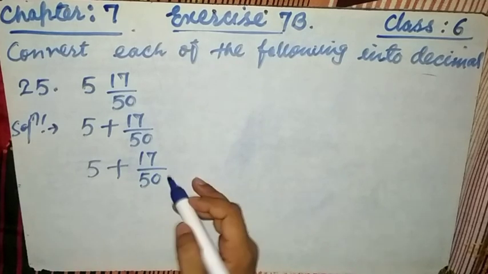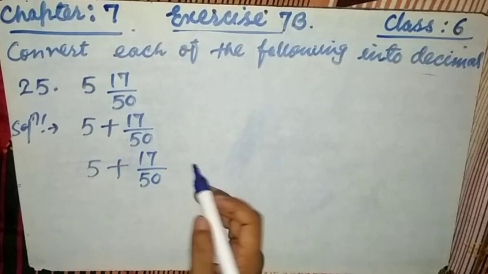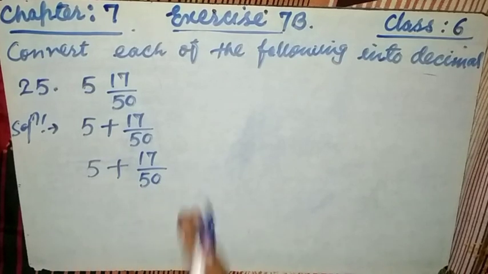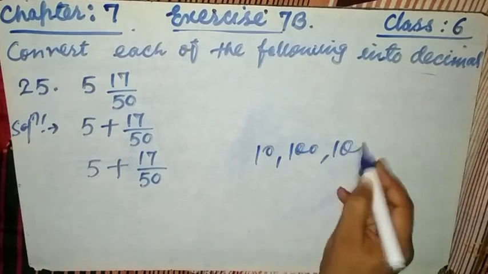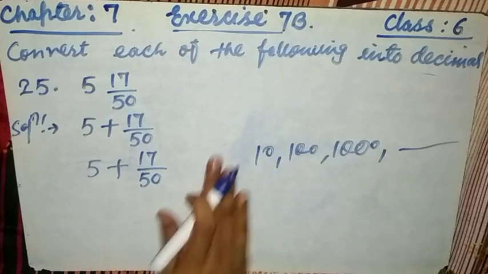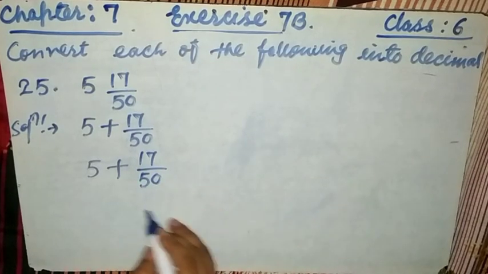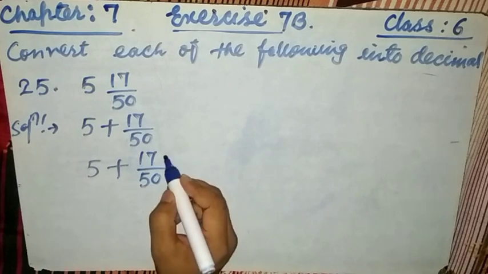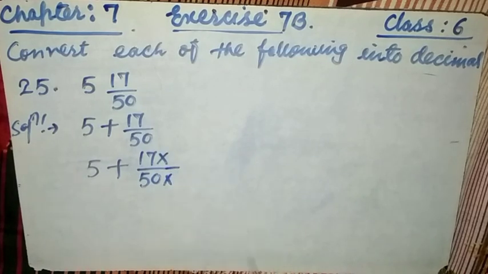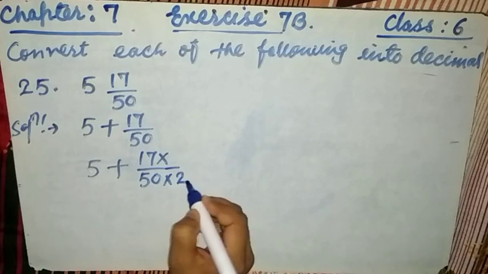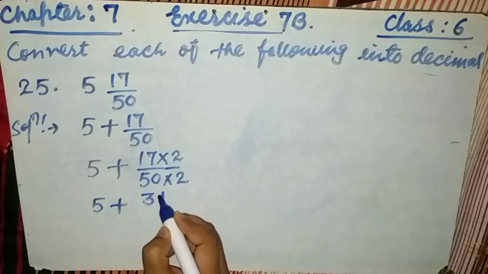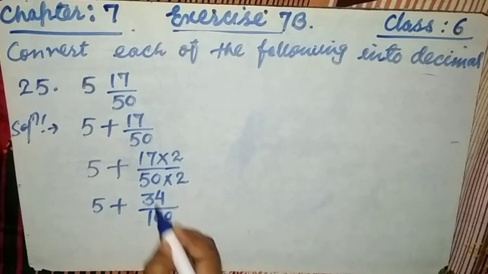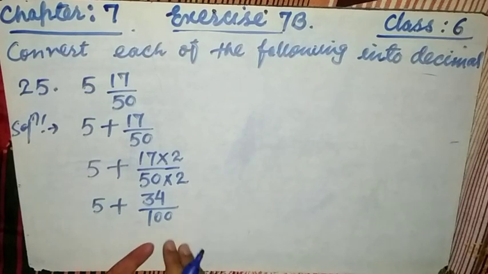Now friends, have a look, 17 by 15. If you change this 17 by 15 into a decimal fraction, that means the denominator should be 10, 100, 1000, etc. That is why we are going to make the denominator 100 or 1000. If you multiply by 2 in the denominator as well as in the numerator, 5 is as it is, and we will get here 34 and this is 100. So we will get 34 by 100, a decimal fraction.